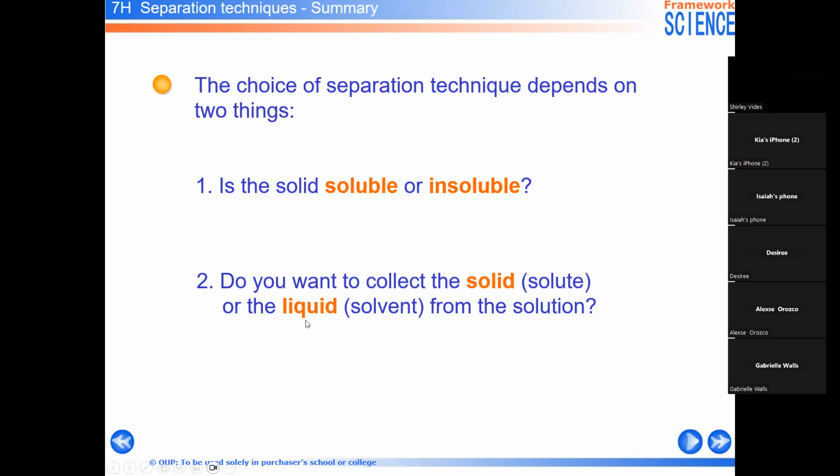And the other thing: do you want to collect the solid or the liquid? Well, we don't want to collect the liquid because that's going to be our adding thing. So we are actually going to use evaporation. That makes sense.